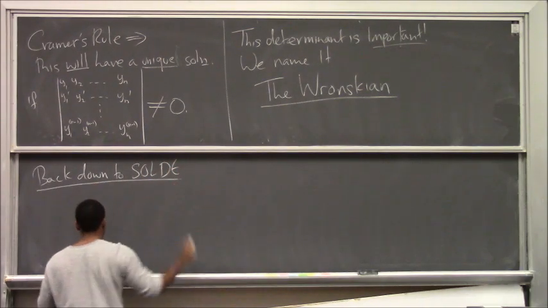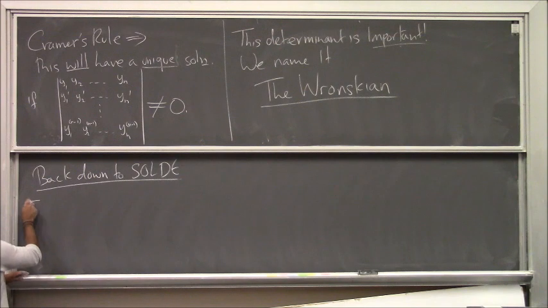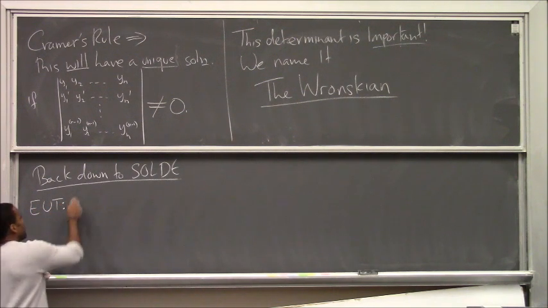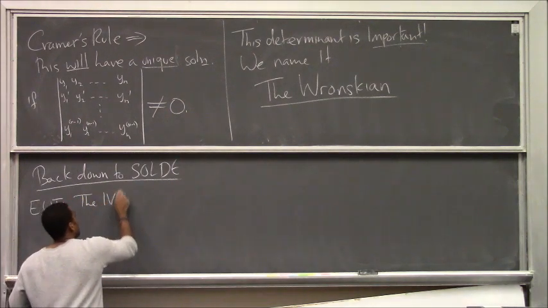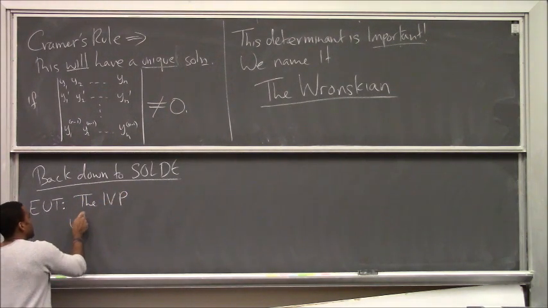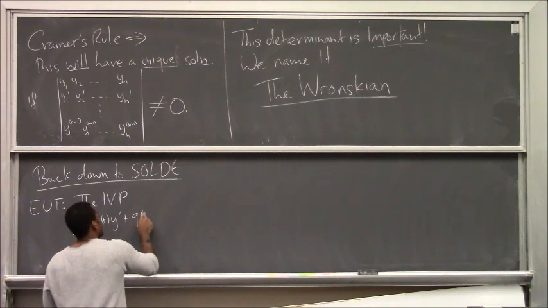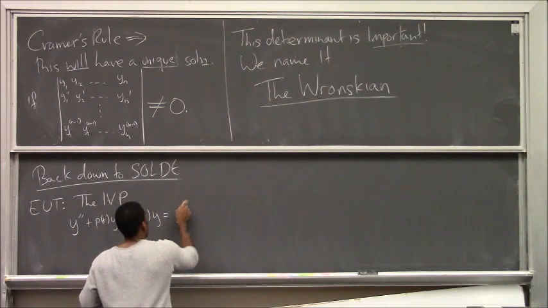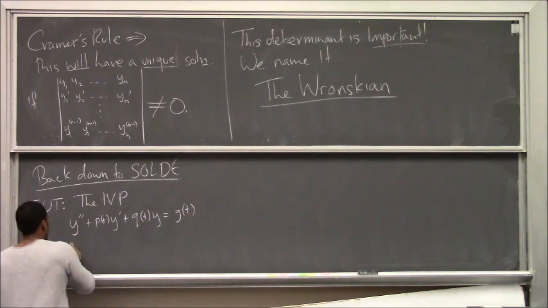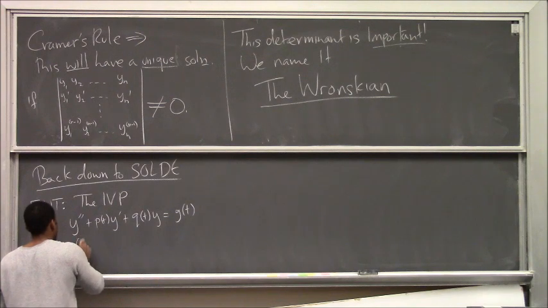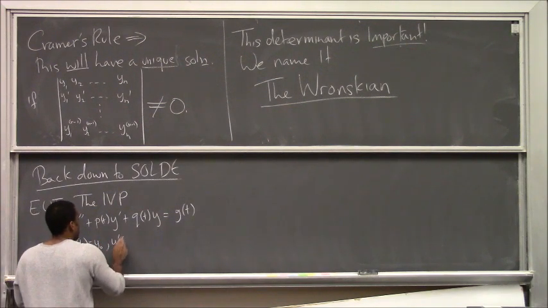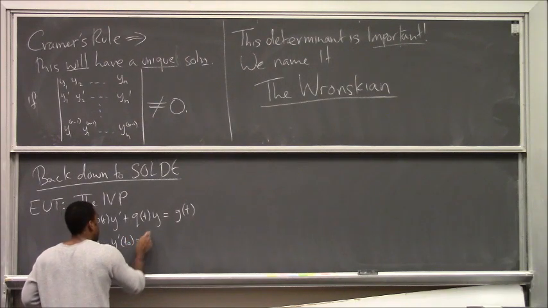Back down to solving. We have an existence and uniqueness theorem. It says that the IVP, the initial value problem, y double prime plus p of t y prime plus q of t y equals g of t, where y of t naught equals y naught and y prime of t naught equals y prime naught.